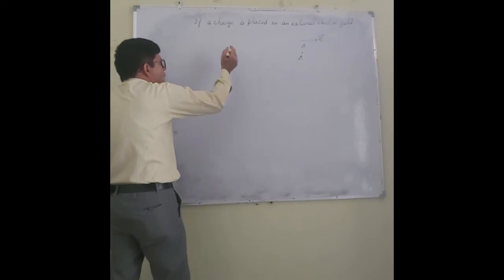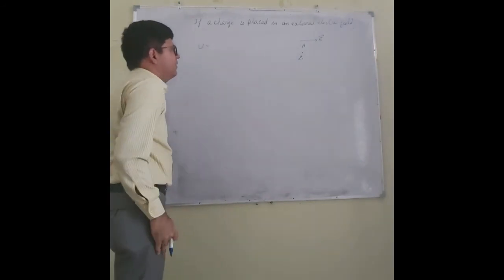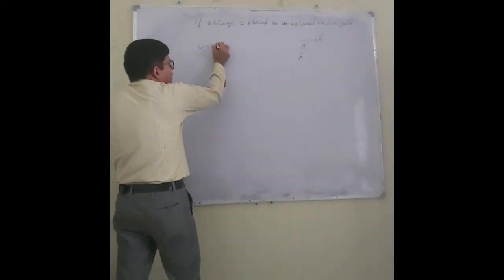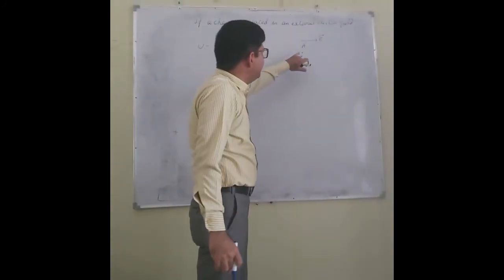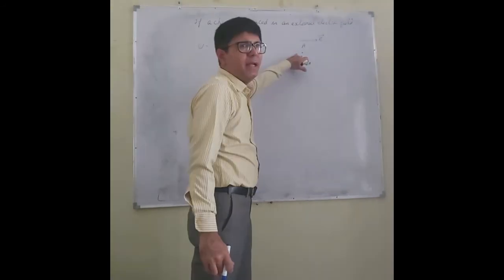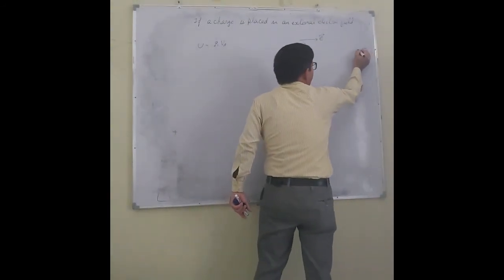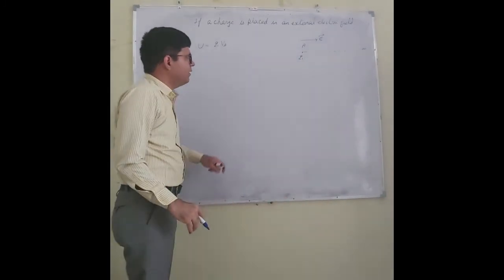Now potential energy in this case will be equal to Q1 multiplied by electric potential at point A. It will be equal to work done in bringing the charge from infinity to this point A without any acceleration.